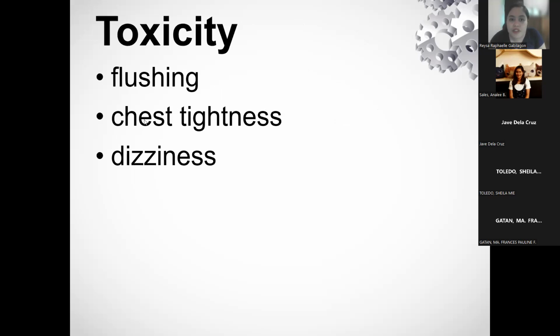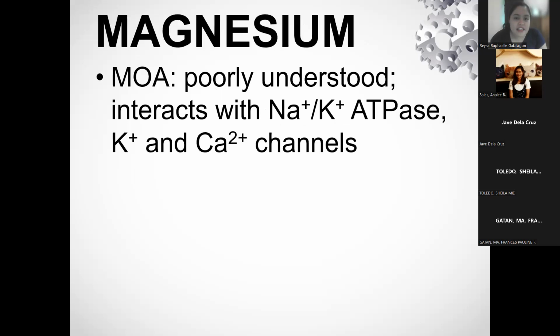What's our problem with adenosine? It can cause flushing, feeling of warmth due to vasodilation, and then chest tightness and dizziness. And then take note of this, magnesium is another one that is used as anti-arrhythmic agent. However, the mechanism of action is actually poorly understood. But they have seen that magnesium can interact with the following channels.